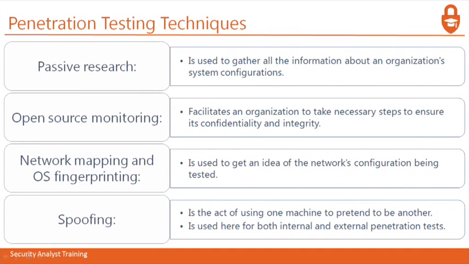Number one is passive research. Passive research is normally carried out at the start of an external penetration test. It provides information about the configurations of the organization and its systems by using public domain sources such as domain name servers (DNS) and Usenet.